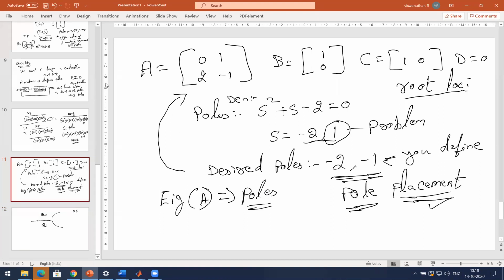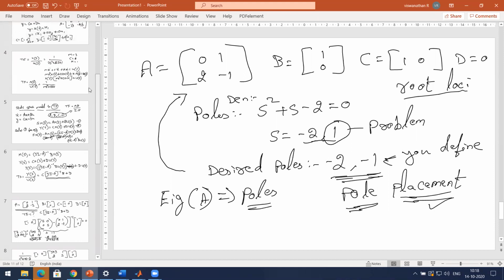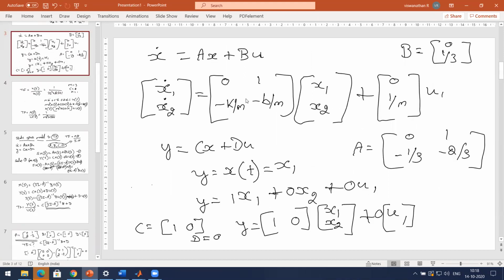What is A? A describes the dynamics of the system. So that is what the A matrix is. If you see here in that spring mass damper system, this is the A matrix: 0, minus K by M, 1 and minus B by M. So this represents the dynamics of that system.